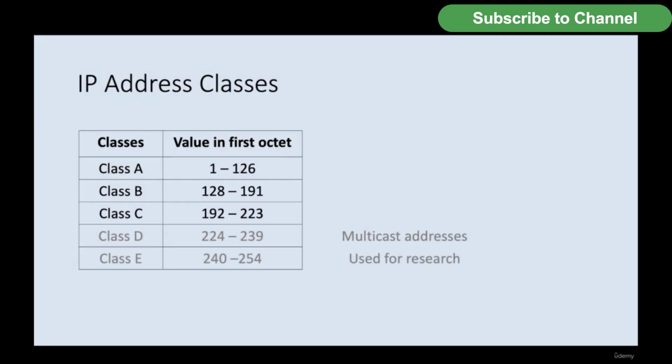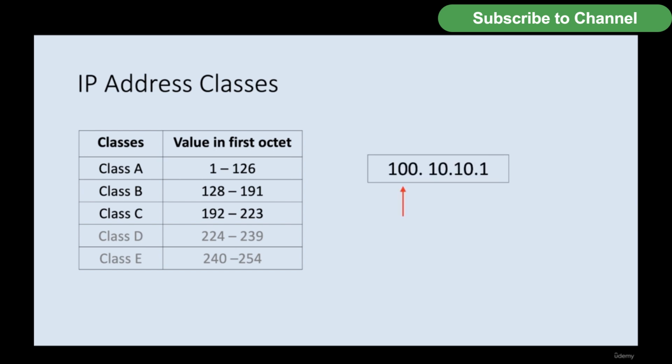IP address classes. Classful IP addresses are categorized into 5 classes: Class A, Class B, Class C, Class D and Class E. To determine the IP address class, we see the value in the first octet. If the value in the first octet is in the range of 1 to 126, it is called a Class A IP address.